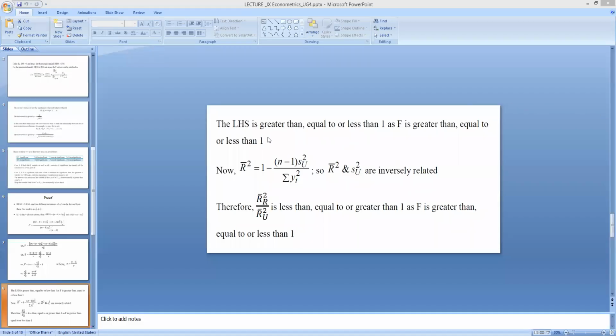So we completed up to this. The LHS is greater than, equal to, or less than 1 as F is greater than, equal to, or less than 1. Next, we are going for a relationship between R bar square and A square.